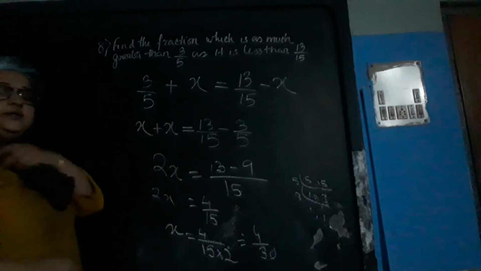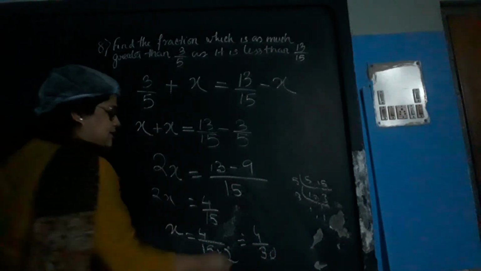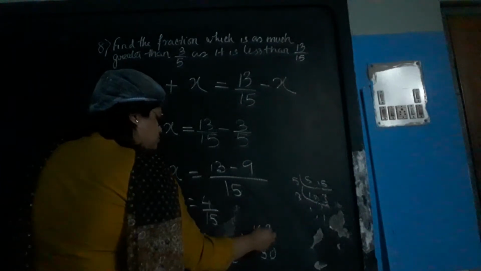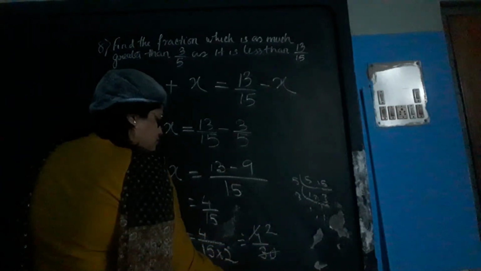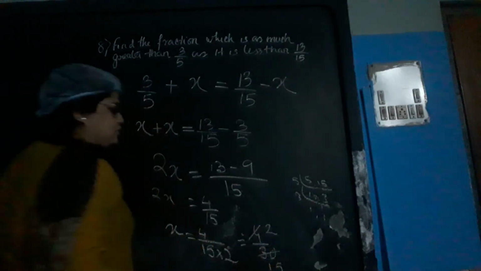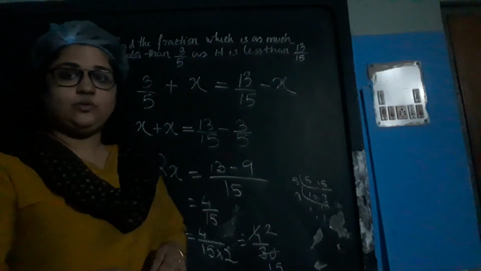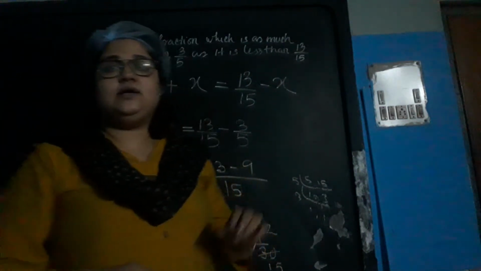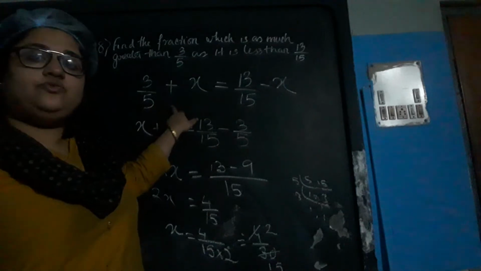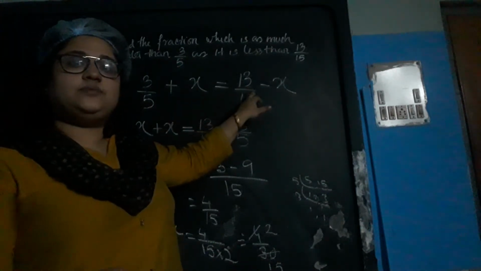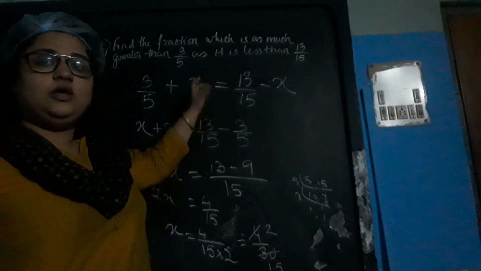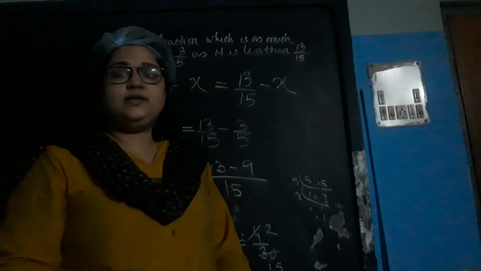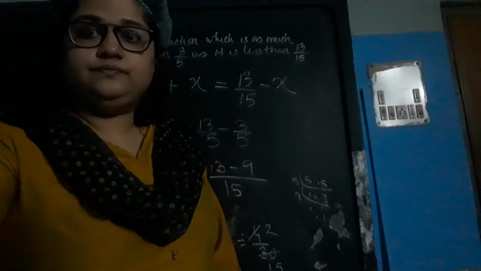Now 4 by 30 can be cancelled and reduced to lowest terms. 2 2s are 4, 2 15s are 30. So 2 by 15 is the required number, that either if we add it to 3 by 5 or if we subtract it from 13 by 15, we get the required unknown fraction.